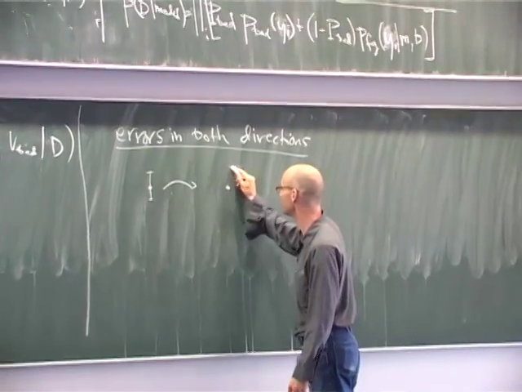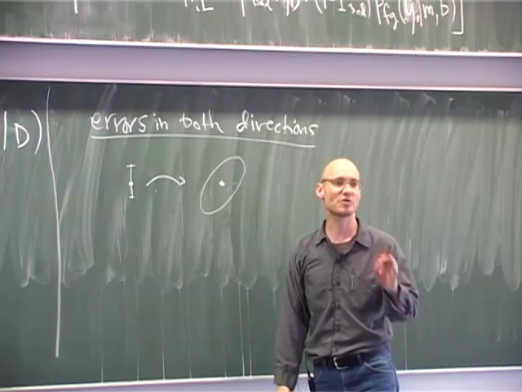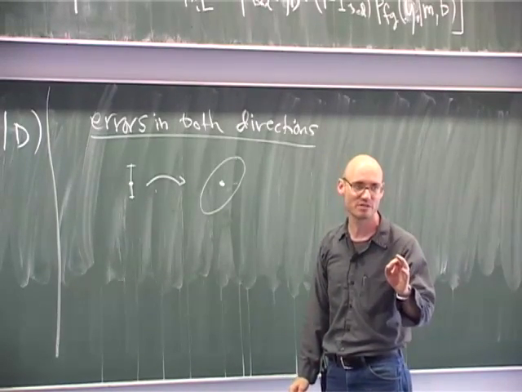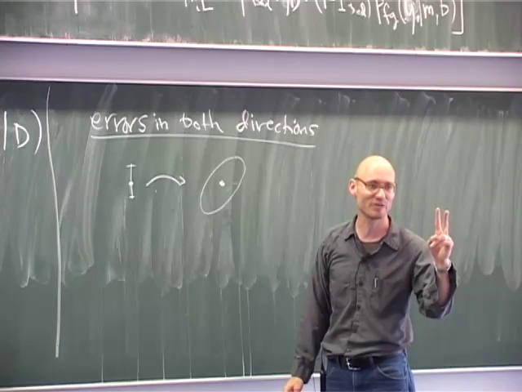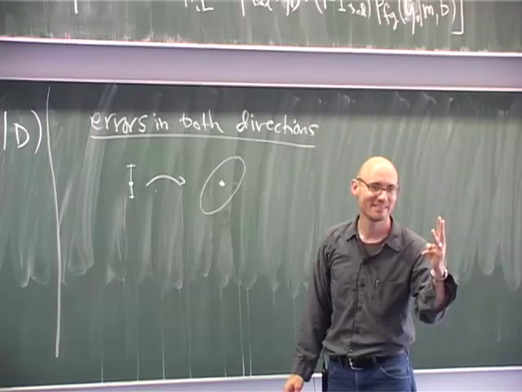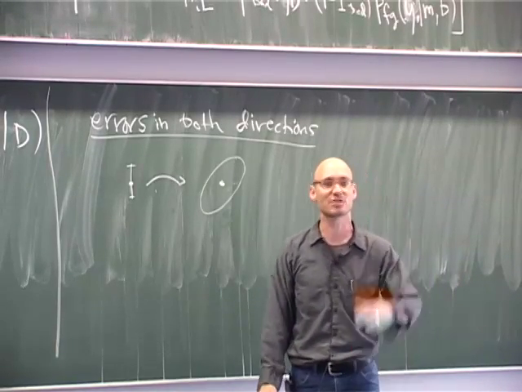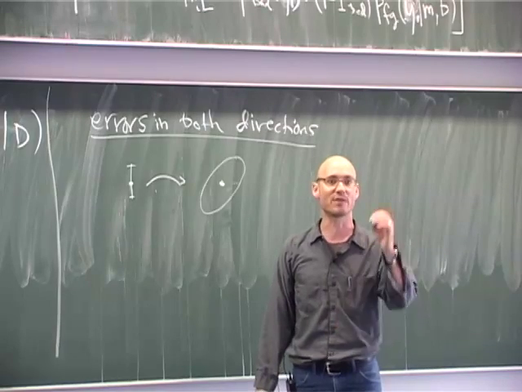Right? So you have some ellipse. So let's assume we're still Gaussian errors. We still know the errors. The data still come from a straight line. Everything's the same, except that there's errors in both directions, and those errors are covariant.